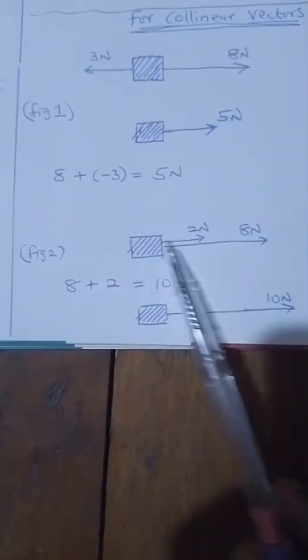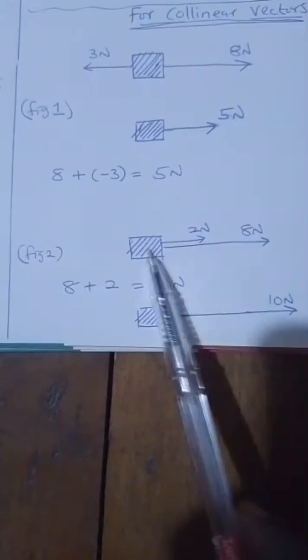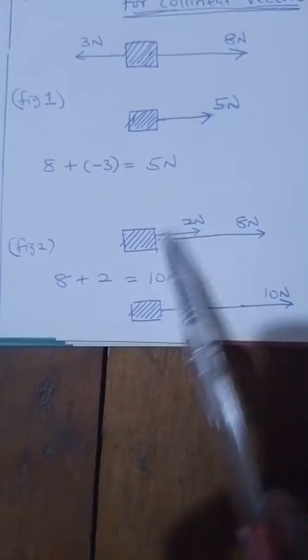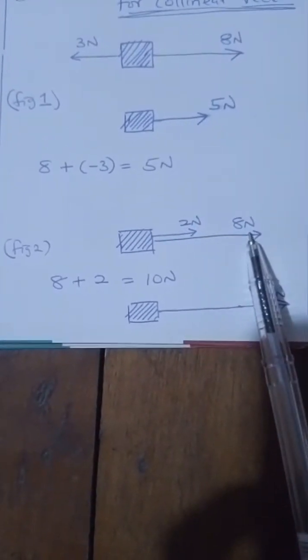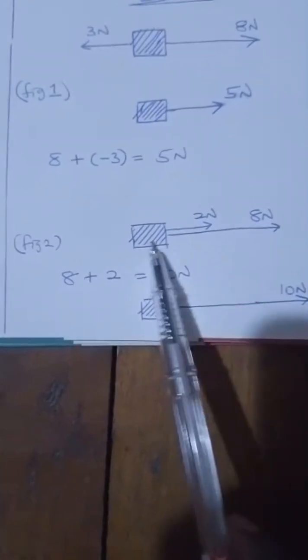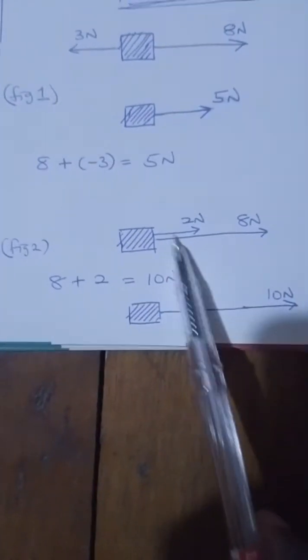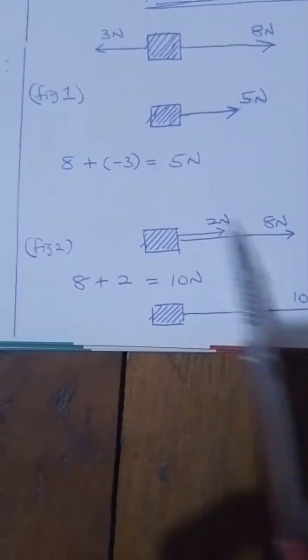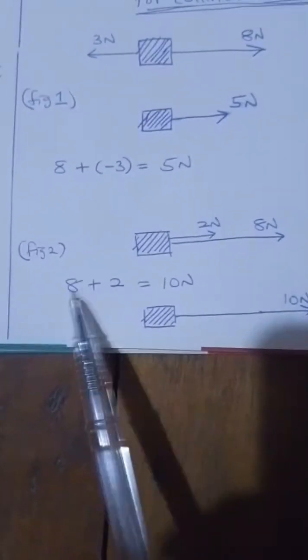All right, let's look at this other case. Now these are two vectors again, 2 Newton and 8 Newton forces acting on this box. Let's assume this is a box. Now the angle between them is basically 0 degrees. There's no angle between them, right? So it's 0 degrees. The resultant of these two vectors is found by vector addition.